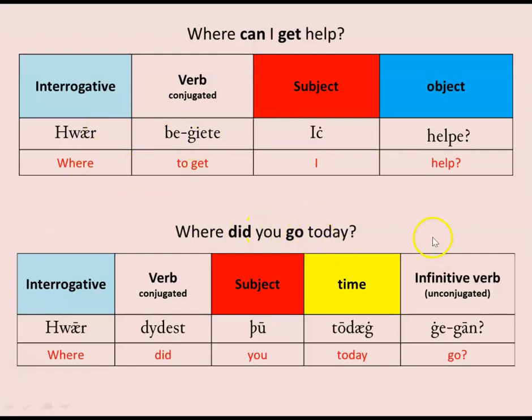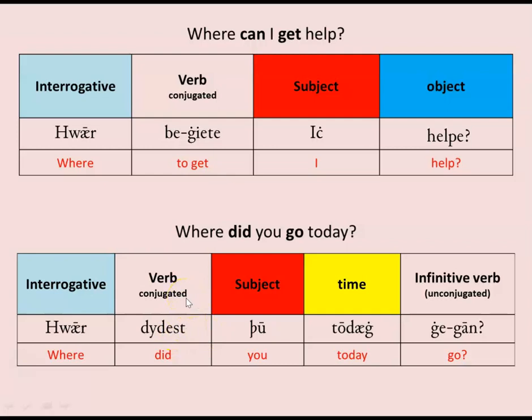Where did you go today? Hawar dudes thu today yagan. Now the interrogative pronoun where, hawar, at the front. Conjugated verb, second person present tense singular, dudest, did. Past tense. Did I say present tense?